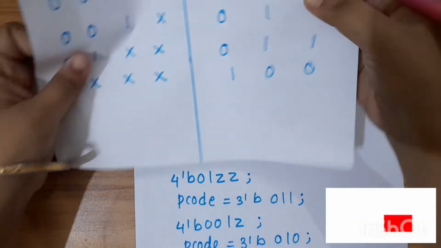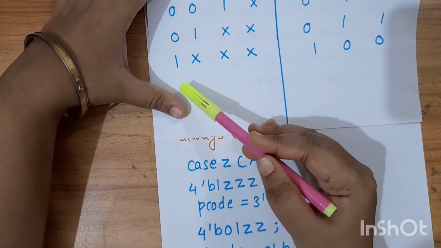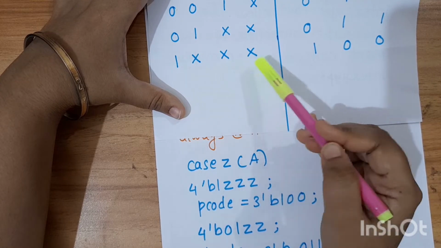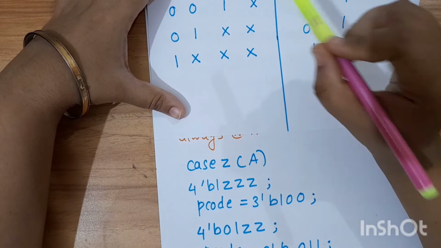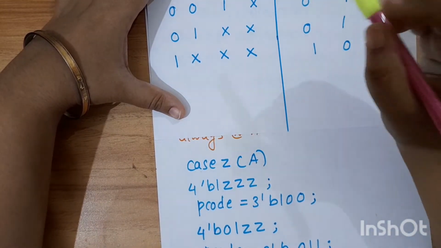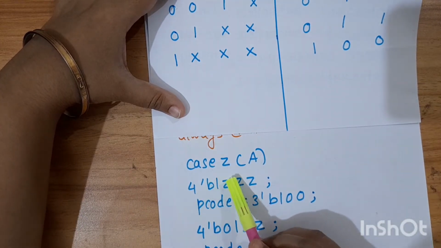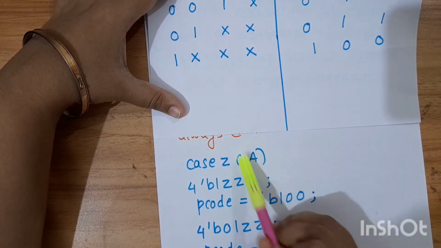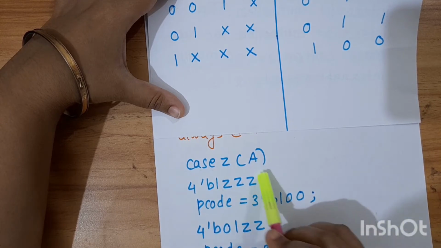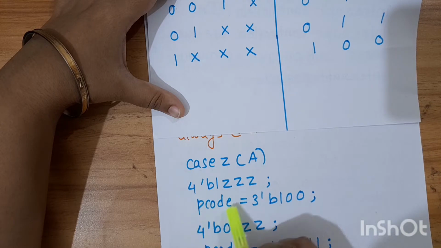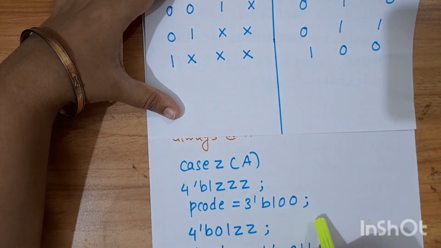With respect to the truth table, 4'b1ZZZ, though I have put here, the don't care value can be 0, 1 or Z. 3 possibilities are there. So, in the casez statement, when the expression is 4'b1ZZZ, I will have this Pcode as 3'b100.